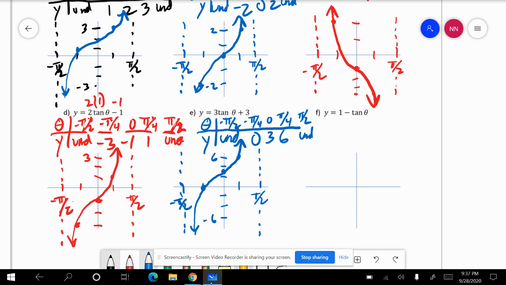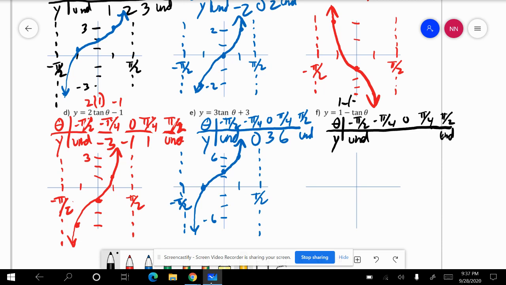Looking at letter F, we have our theta, we have our y. We're starting with negative pi halves, negative pi over 4, 0, pi over 4, and pi halves. We start with undefined, we end with undefined. When we plug in a -1, this is a little tricky because a negative times a negative is a positive, so it's actually a 2. When we plug in a 0, it's a 1.